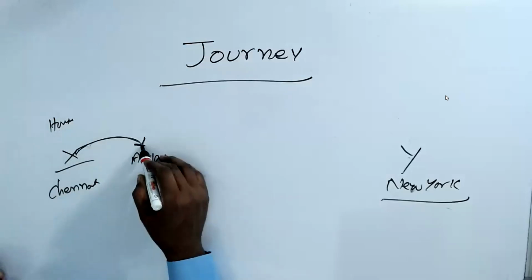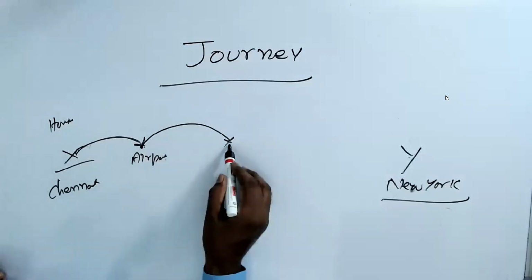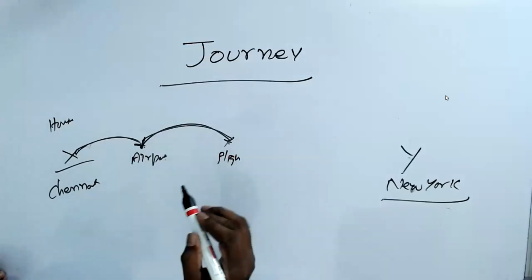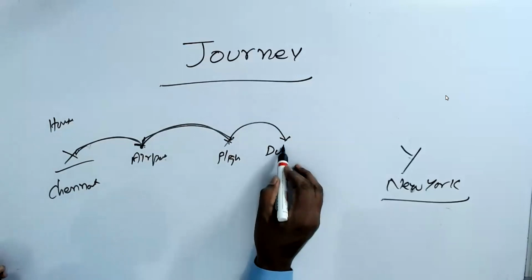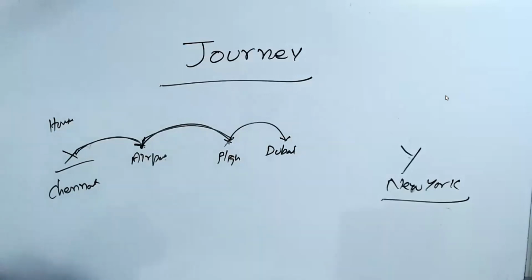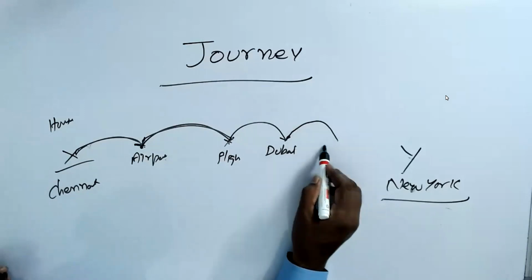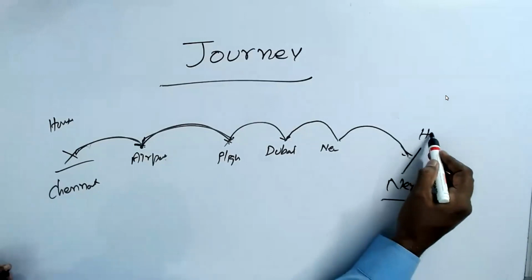And there's one more journey from outside the airport to the flight. Then I go to Singapore or Dubai. And from Dubai I go to New York. Then I take a taxi and go to the hotel.